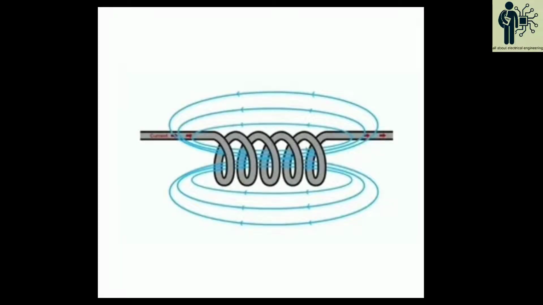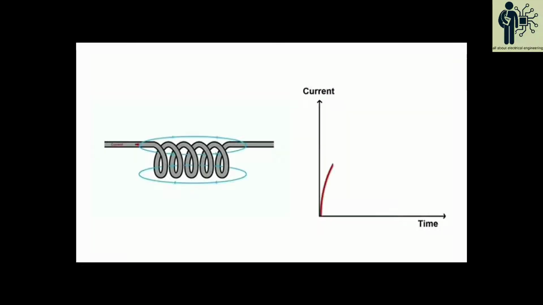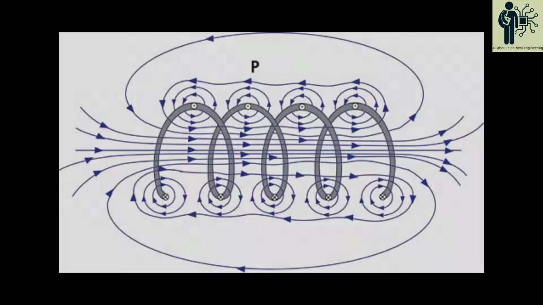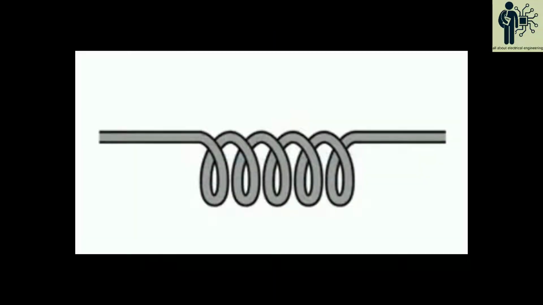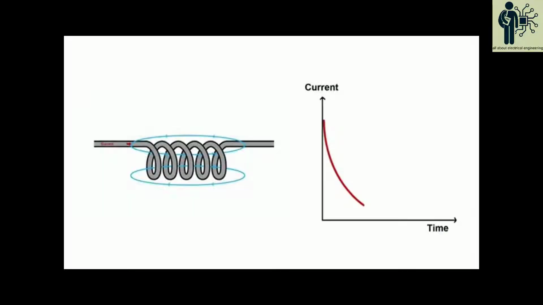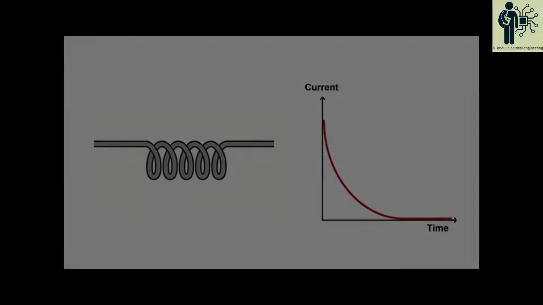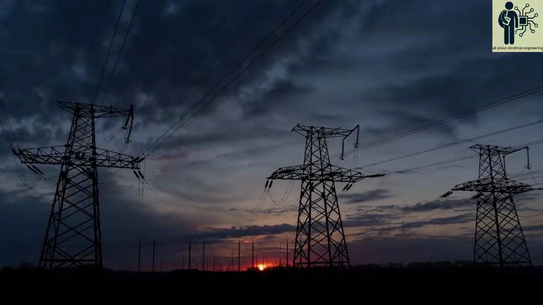When current flows through an inductor, the induced magnetic field slowly increases with time and it stabilizes after some time. Then some energy will get stored in the form of magnetic field. When current stops flowing, the magnetic field starts decaying and the energy stored in the magnetic field gets converted into electrical energy.